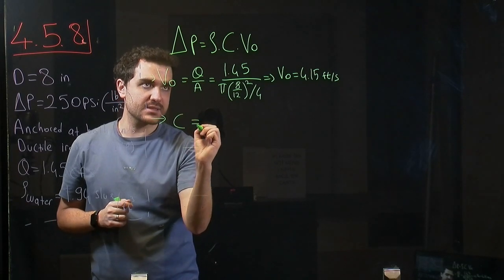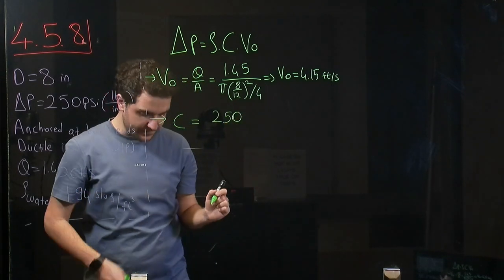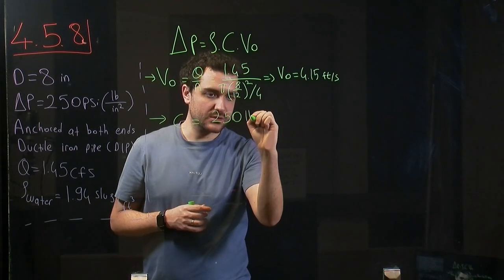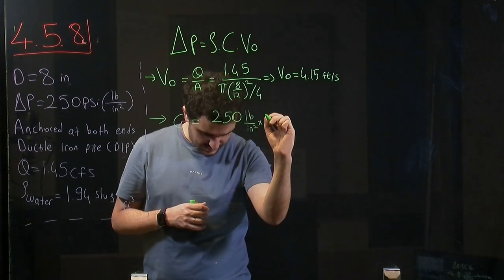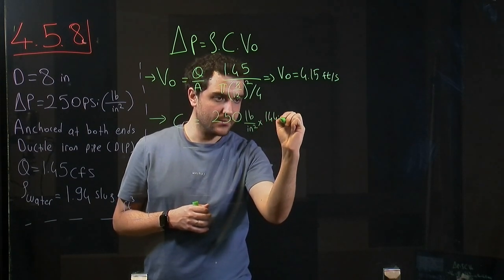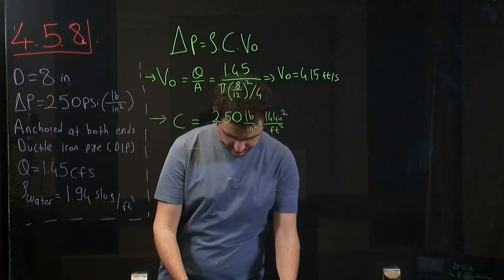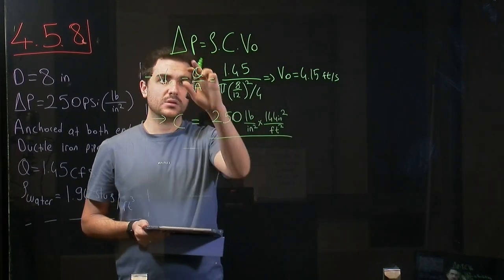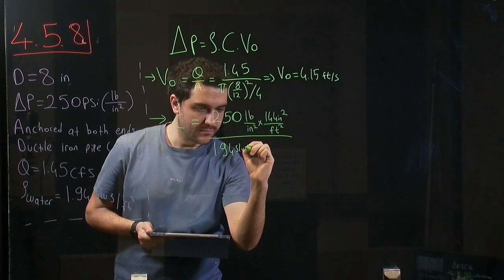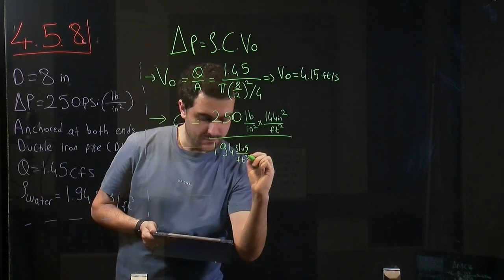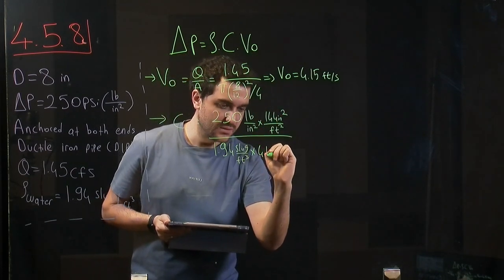So C is equal to 250 psi, and let's convert it to feet, over density and the initial velocity, which is 4.15.